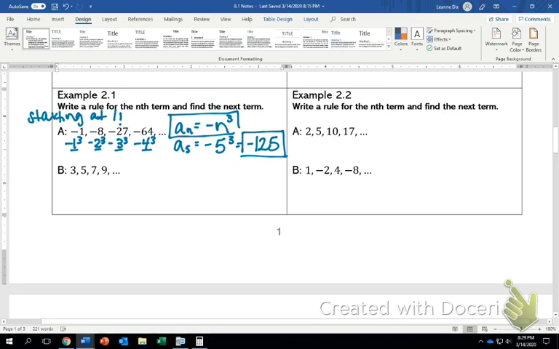So go ahead and just look at the example 2.2a really fast. Just look at it and try to figure out, can you see the pattern? So in example 2.2a, we do have a pattern.